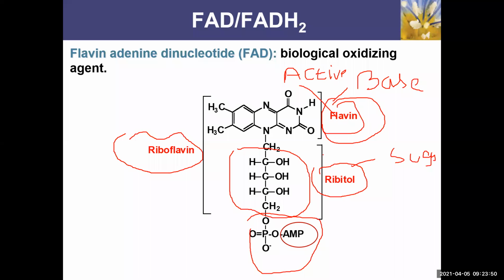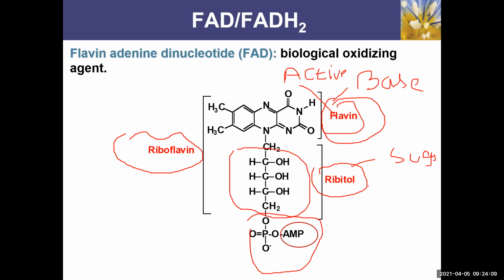It's the flavin part which is active. And remember, what is it composed of? Here the sugar is totally different from the other NAD which we spoke about, or the ATP which we spoke about. Here the sugar is ribitol, which is a non-cyclic sugar.